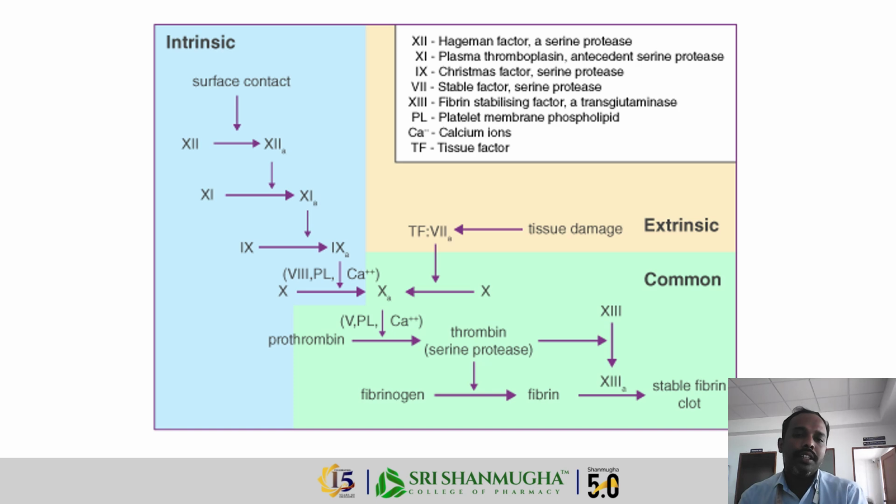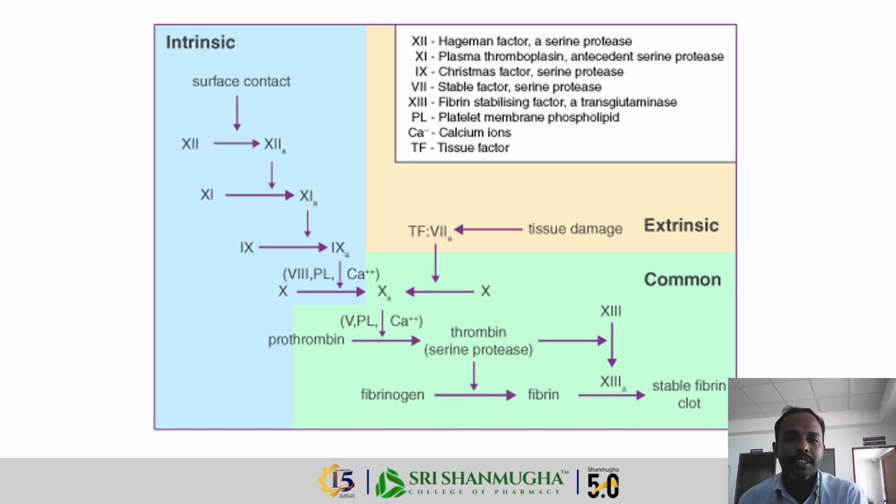Next, we move on to the mechanism of blood coagulation. This is how blood coagulation exactly happens. There are 12 clotting factors with which the blood clots. There are two pathways, intrinsic and extrinsic.